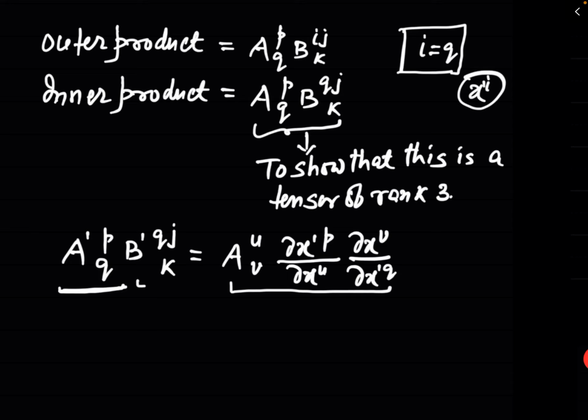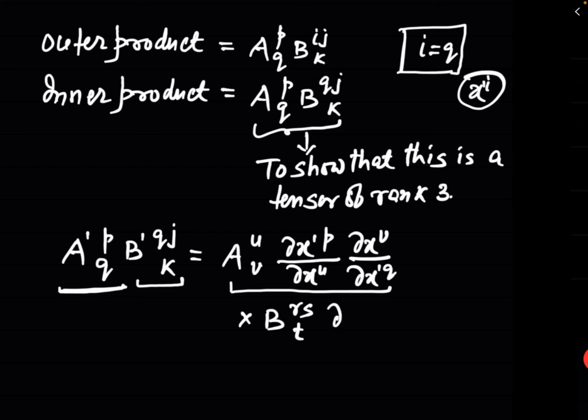Now, this will be multiplied by the transformation of this tensor B prime QJK. And so, let us consider the components of this B prime QJK in the unprimed coordinate system as, in fact, let us say B RST. Then see the type of tensor and apply the transformation law.